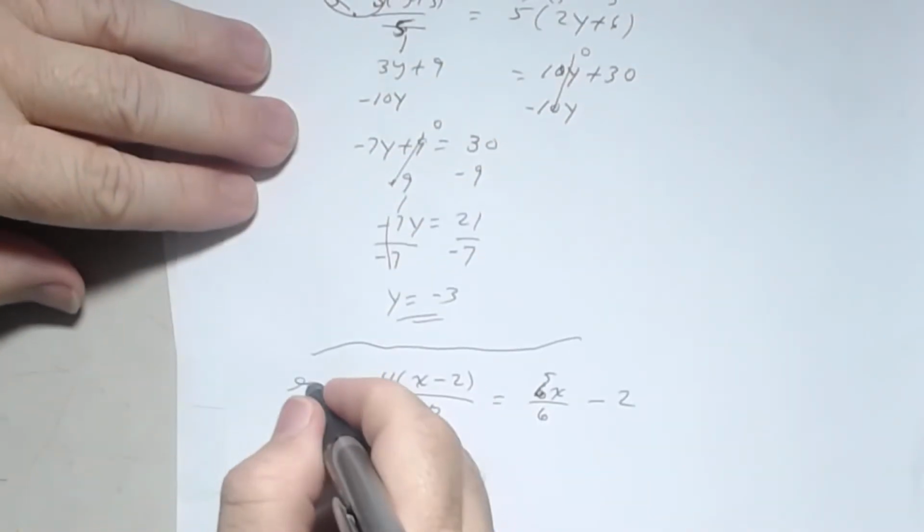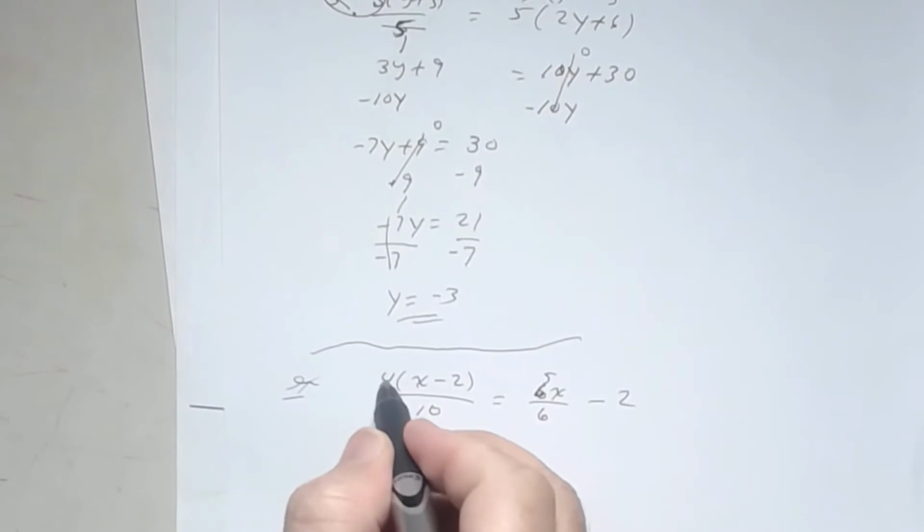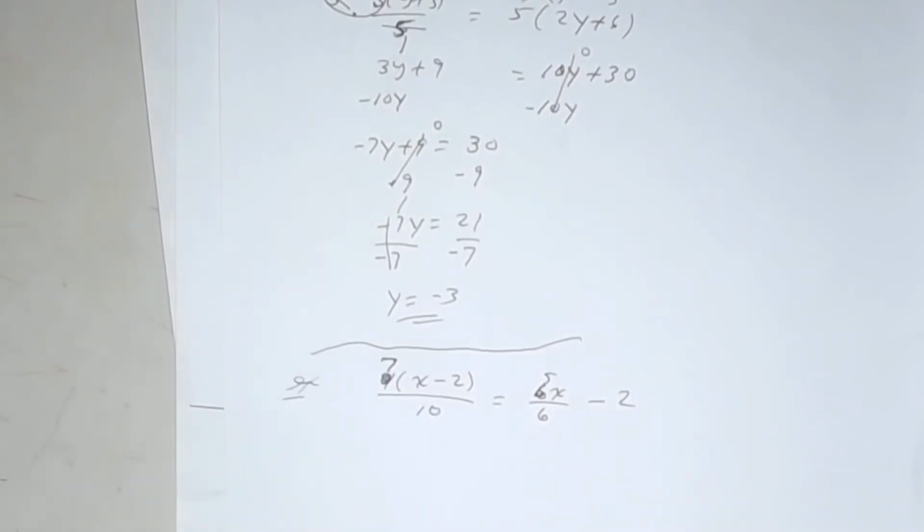So write this example. On the right side, 5 or 6. That's 5x divided by 6. Let me change this right here to just, let's say 7. Make that 4 7.